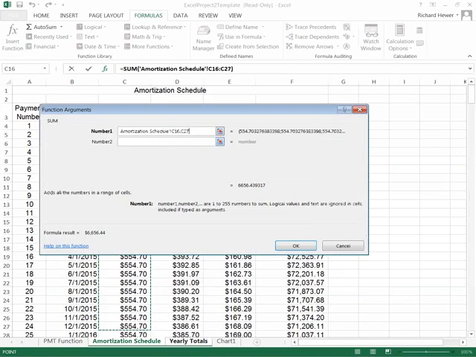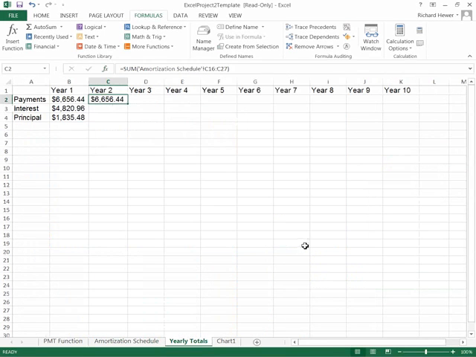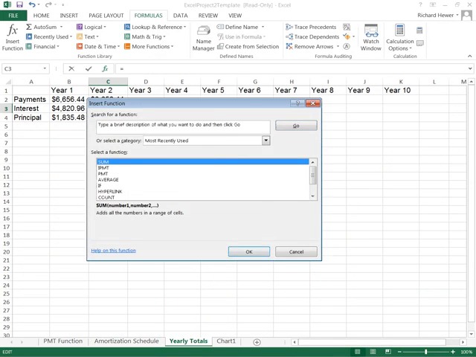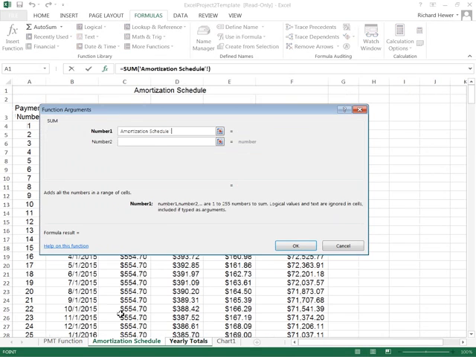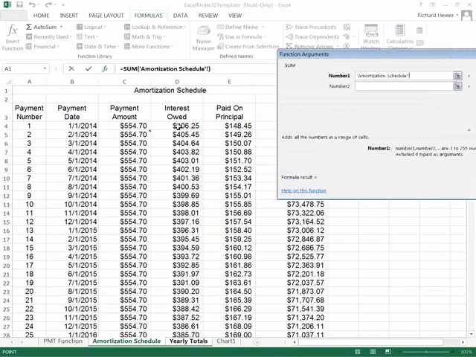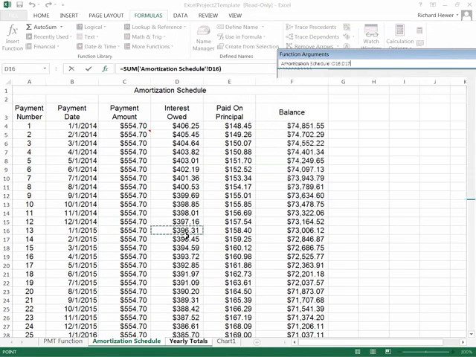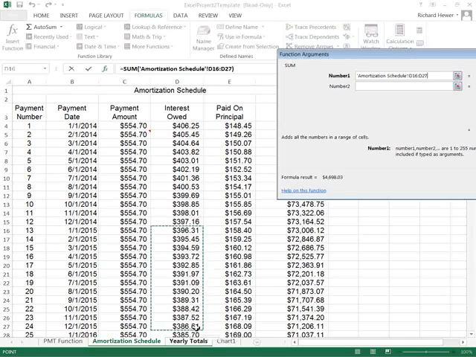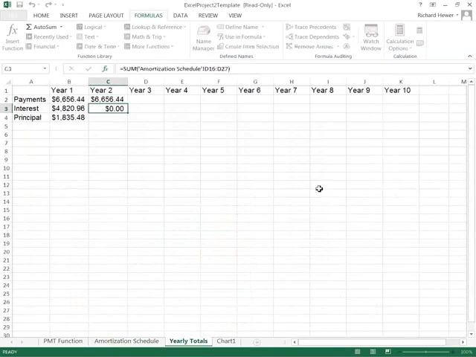And again, I have to click OK. I have to do that again for each one. Okay, so I go over to the amortization schedule, and I go from 13 through 24. And then I click OK.